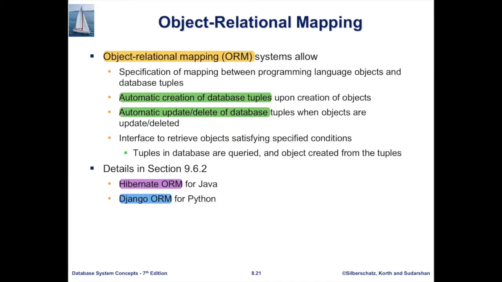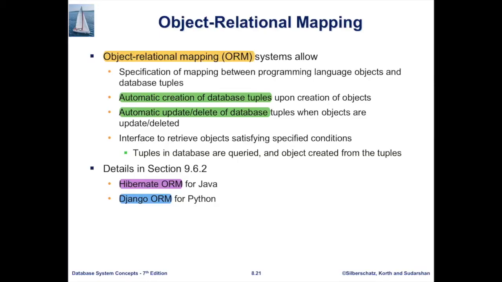The second approach is about ORM. This ORM is just a system that allows automated creation of database tuples when we create an object, and automatically updates or deletes the tuples of the database whenever our object is updated or deleted. It is a system inside the framework of programming languages like Java. We have the programming framework Hibernate, and it has a component, Hibernate ORM, that does this.